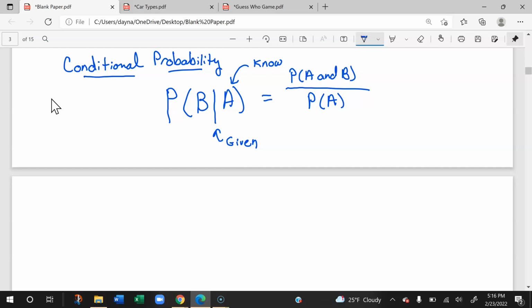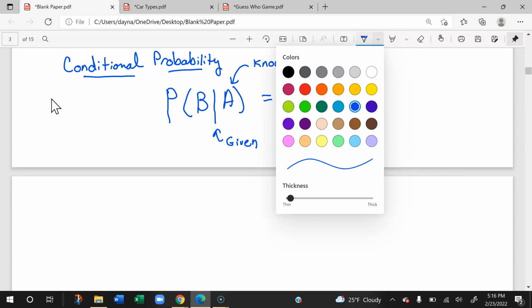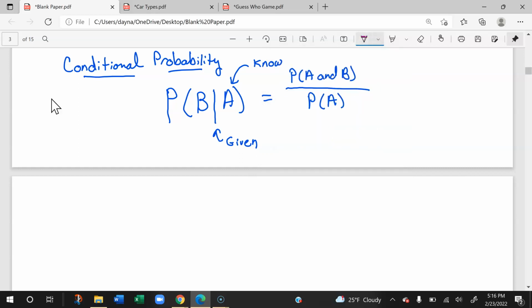Now, another way that I tend to look at it a lot of times, especially if we are looking at things like a contingency table, I look at it as the denominator is the number of given.